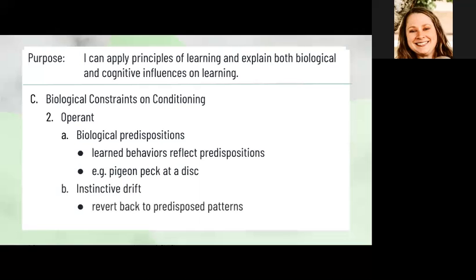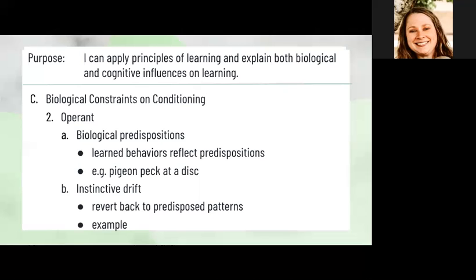Instinctive drift is when we revert back to predisposed patterns. So let's say you train the pigeon to peck at a disc, great. You train the pigeon to spin in a circle. If it doesn't continue that learning, they're much more likely to drift back to what they're biologically wired to do.